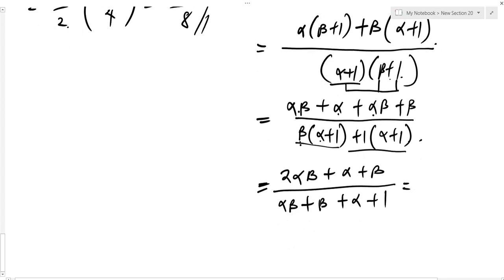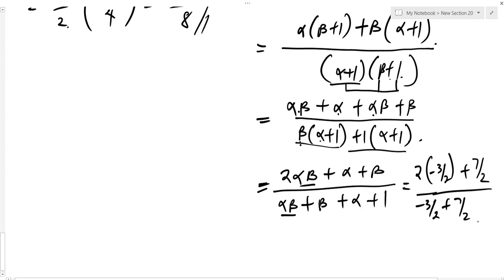So this is 2 times alpha beta, which is minus 3 over 2, plus alpha plus beta, which is 7 over 2, all divided by this one. This alpha beta is minus 3 over 2, that was what we got, then beta plus alpha is 7 over 2, then plus 1.